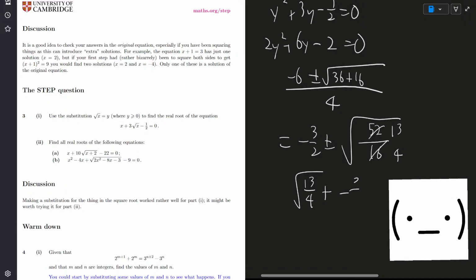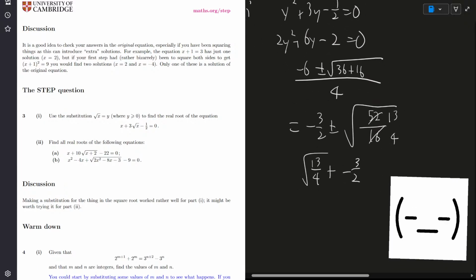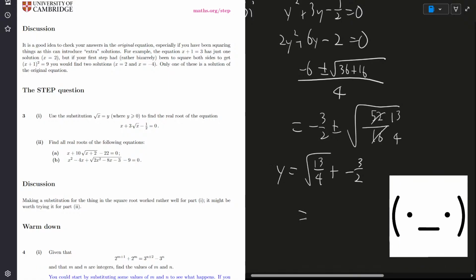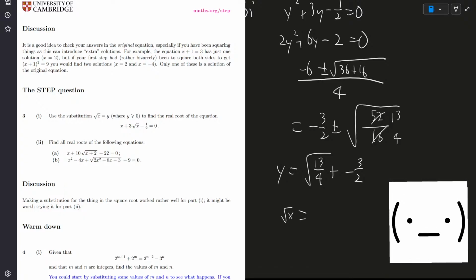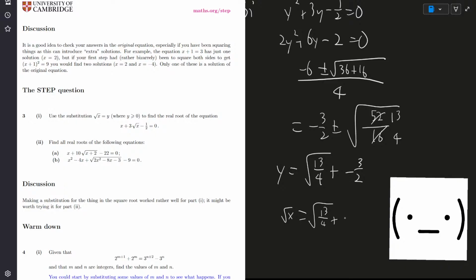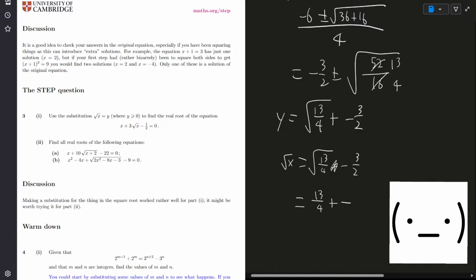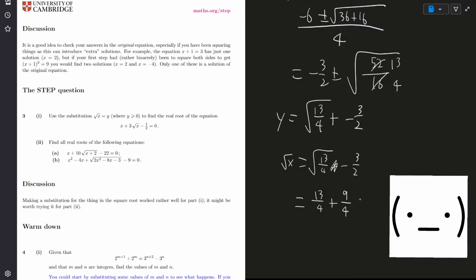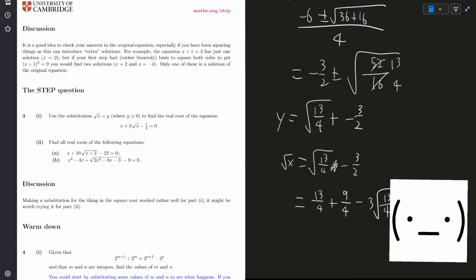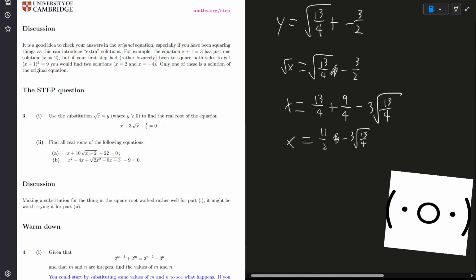So it is this, because the other one's negative. Okay, well, horse over, I guess.